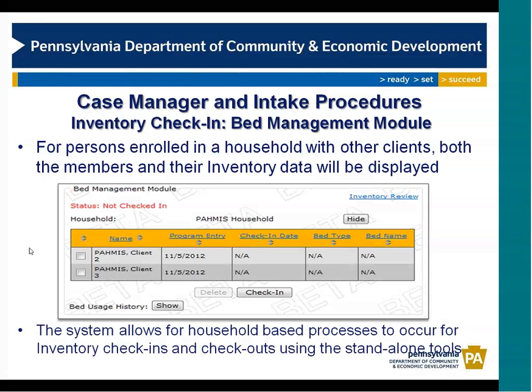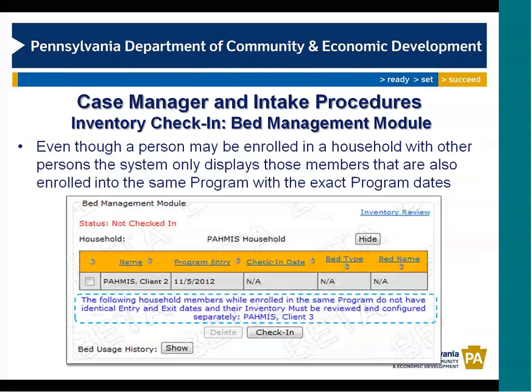Now, with these households, we had to be very particular about what information we showed, because even if a client is currently enrolled in a household with other members, only if those other household members are enrolled in that residential program with them, plus they have the exact same stay dates, which means both entry and exit dates, only under that situation will they show up in this grid.